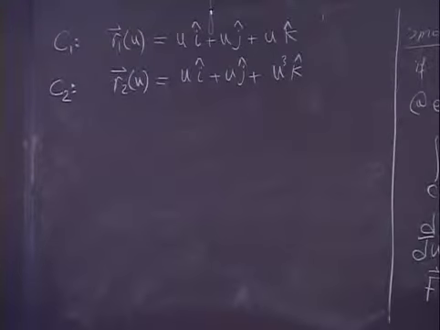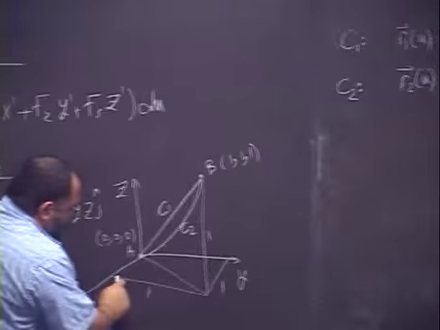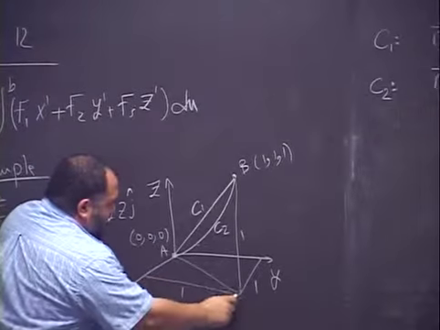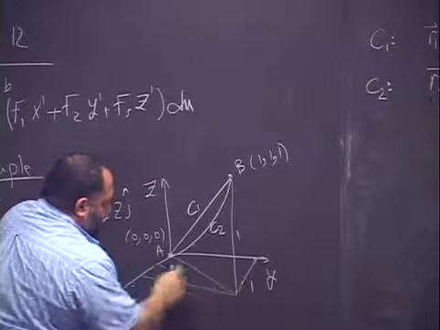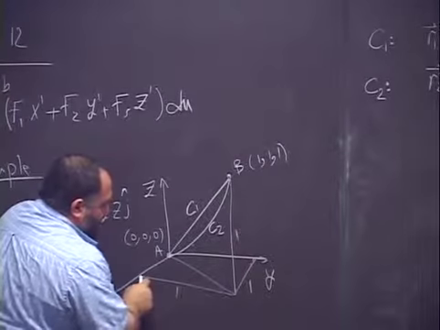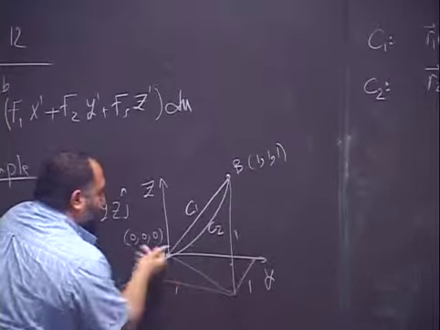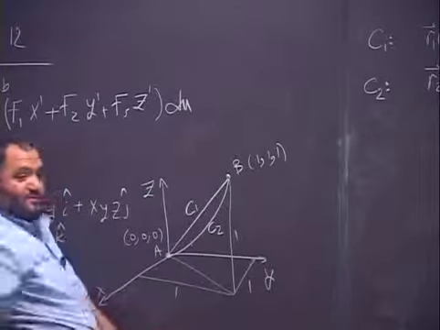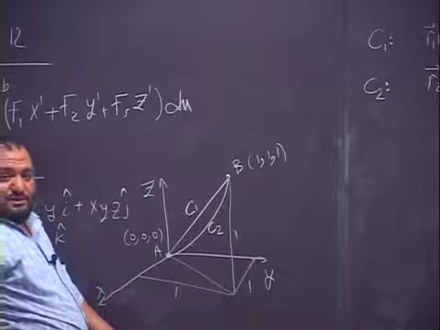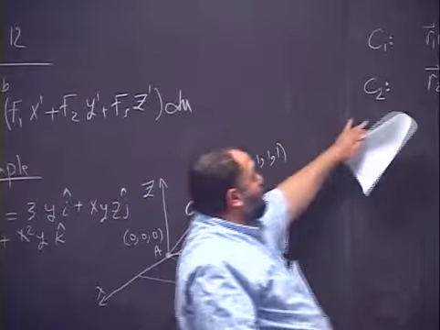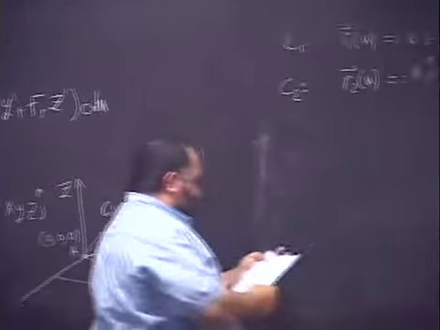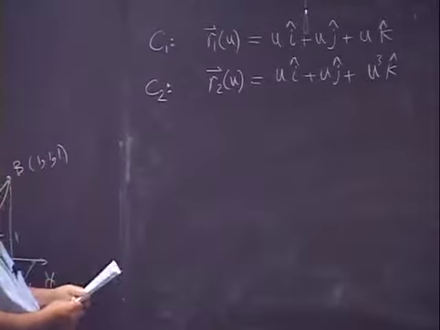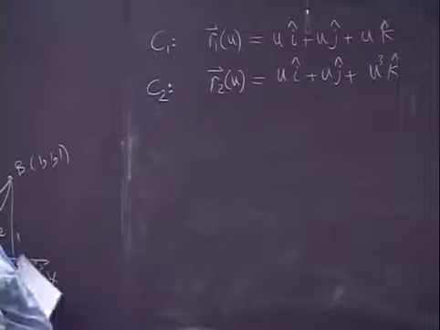So on this curve, you go one in the x direction, one in the y direction, but in the z direction you go like u cube. So you have this curve. Okay guys? So these are two separate curves and we want to integrate the function on these two curves.